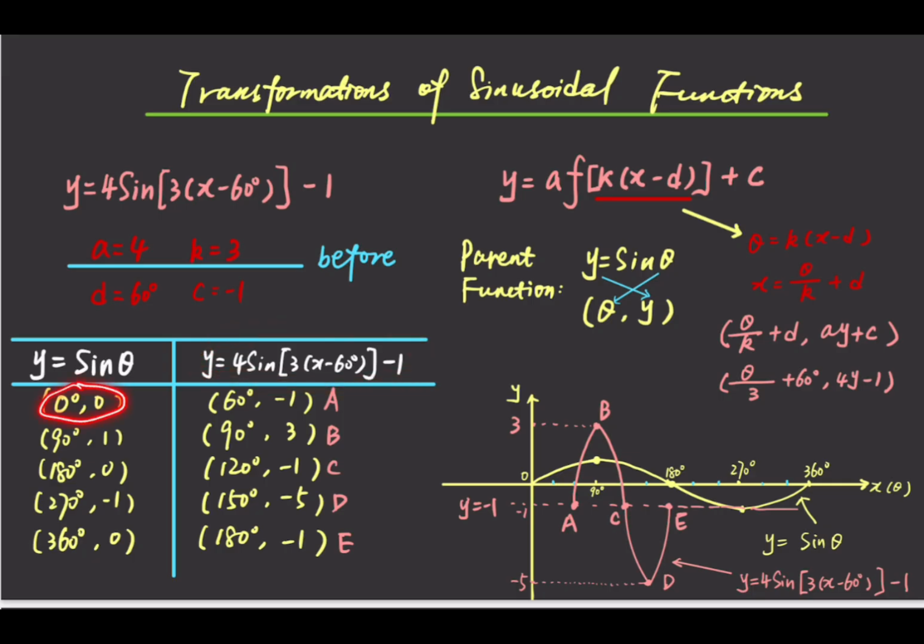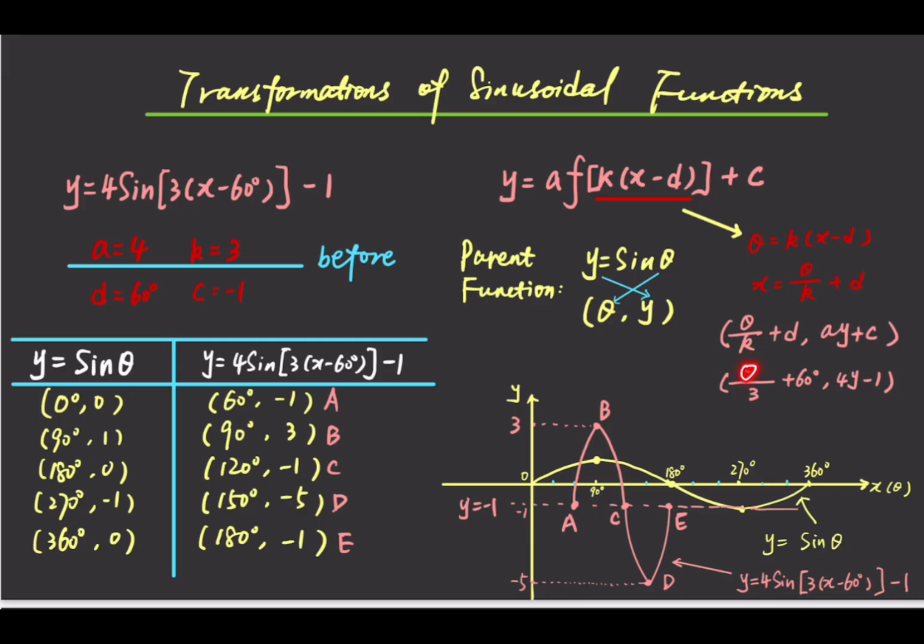For this point, 0 degrees should be theta, and 0 should be the y-coordinate. Then you can use 0 degrees to replace theta. This 0 should be used to replace y. According to these two expressions, you can figure out this x-coordinate and this y-coordinate.